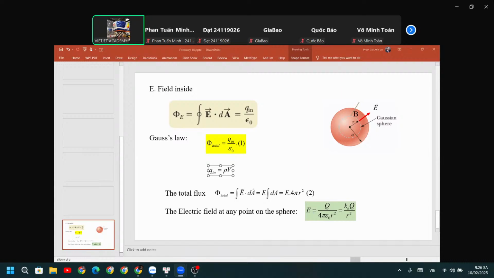The V of the small sphere will be 4 over 3 pi small r cubed. You get that?